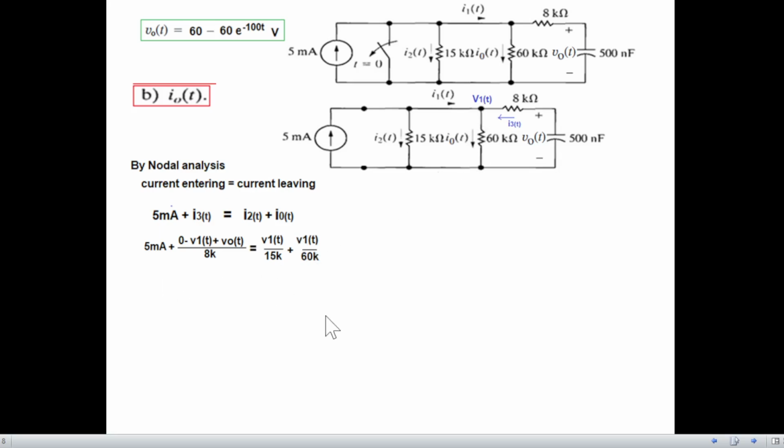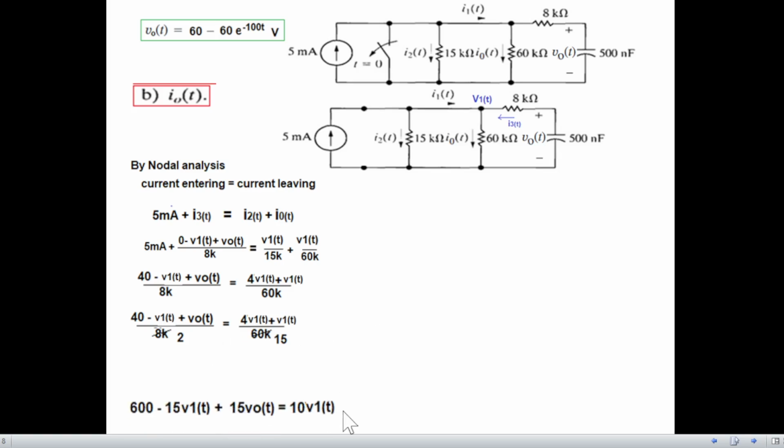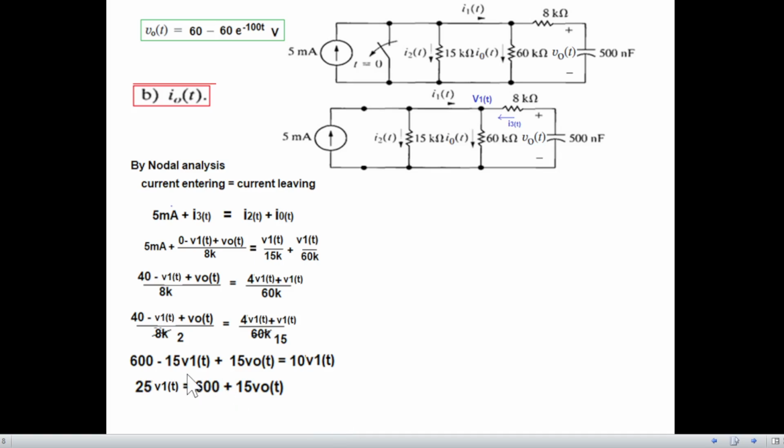Now we'll solve this equation, taking LCM and then simplifying, and further cross multiplying, further simplifying.